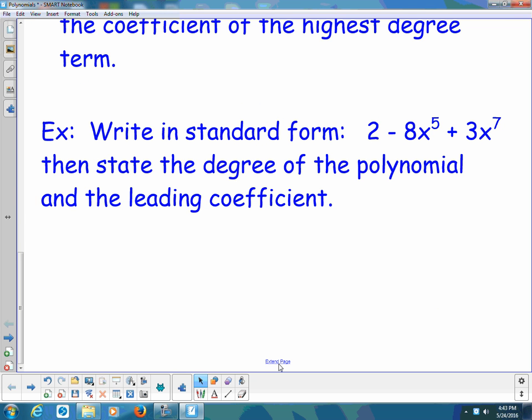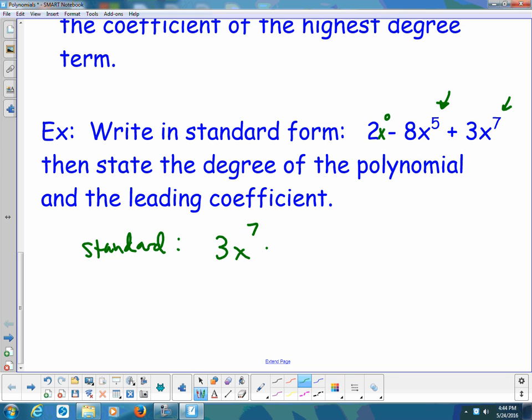So in this case, it's not in standard form because the degrees are not dropping down. Here's our highest degree, here's our next highest degree, and this is really x to the 0, so that would be our lowest degree. So to put it in standard form, we would have to write it as 3x to the 7th minus 8x to the 5th plus 2.